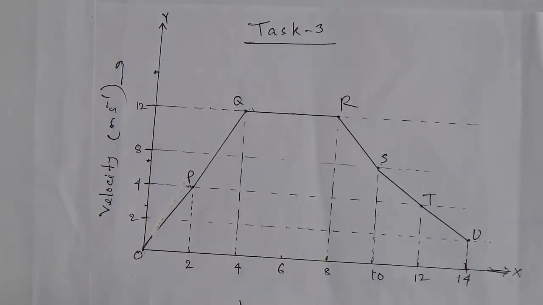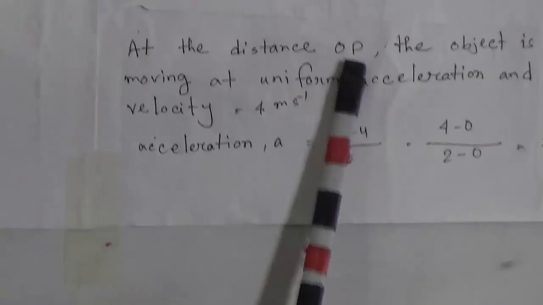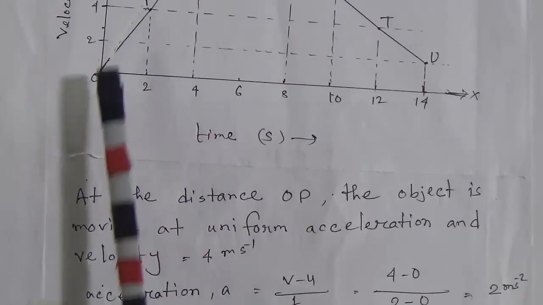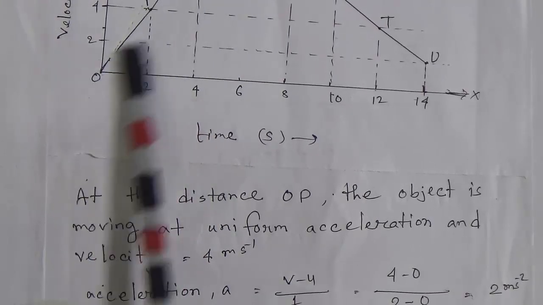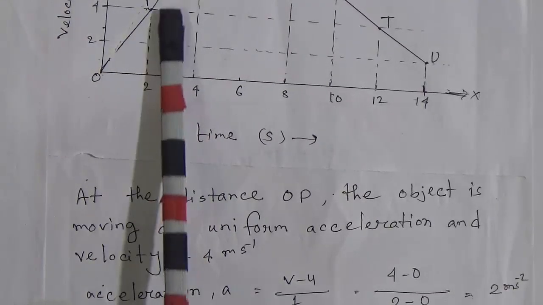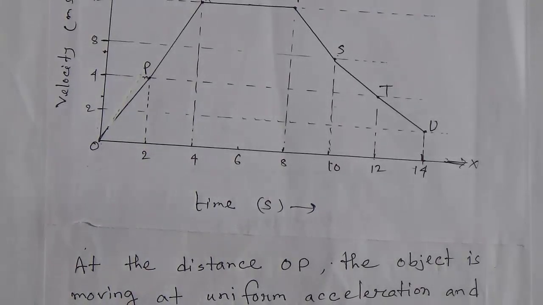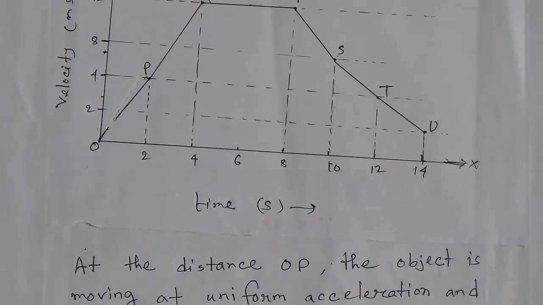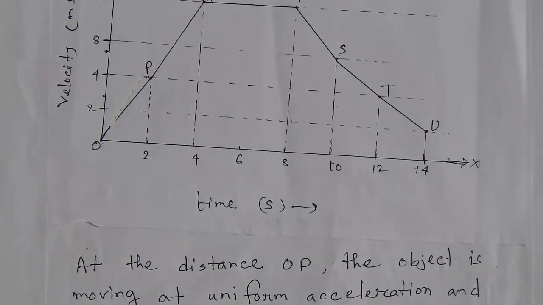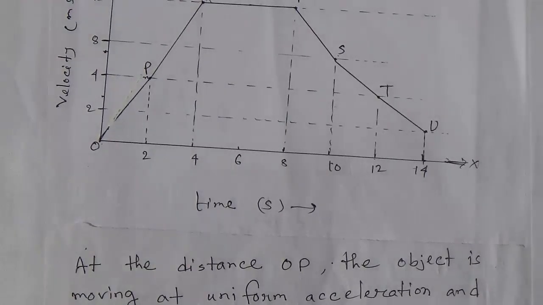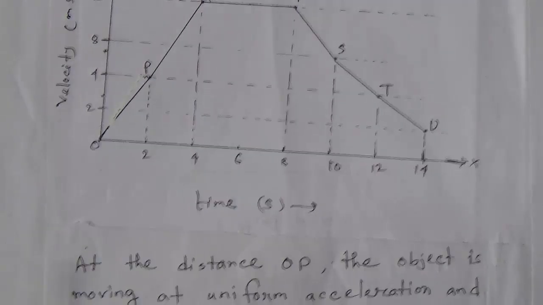You can write like this: at the distance OP, the object is moving with uniform acceleration. What will be the acceleration at OP? In the same way, at the OP distance the acceleration will be v minus u divided by t.